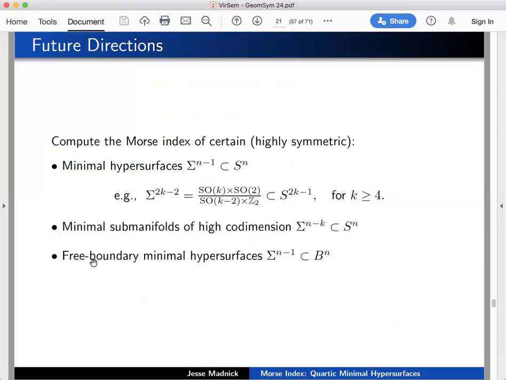So here, this is a very liberal use of the word adapt the method. For this last bullet point, I really mean something, sort of. These would be cohomogeneity 1, and for some of these cohomogeneity 1 free boundary minimal hypersurfaces, I again am cautiously optimistic that you can compute enough of the Steklov eigenvalues to get this. Again, this is cautious optimism here.